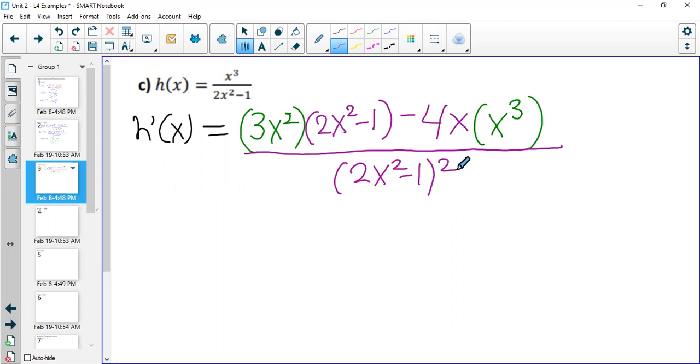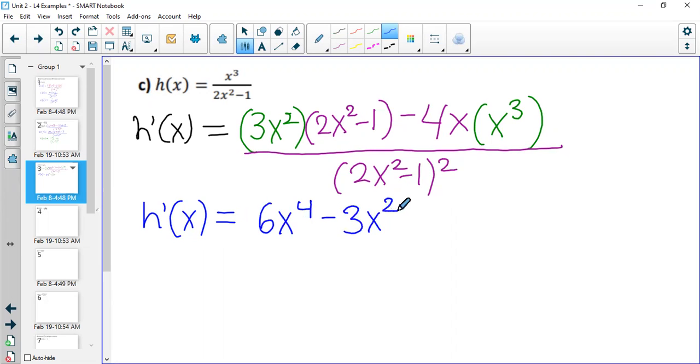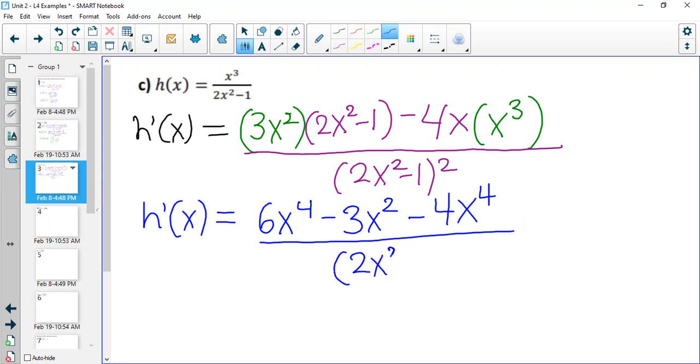Now we're going to have some higher order polynomials with this example. So h prime of x, don't forget that part on the left-hand side, is equal to 6x to the power of 4 minus 3x squared minus 4x to the power of 4 all over 2x squared minus 1 squared.